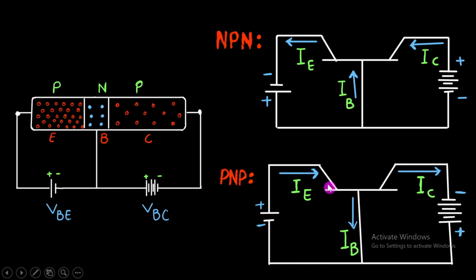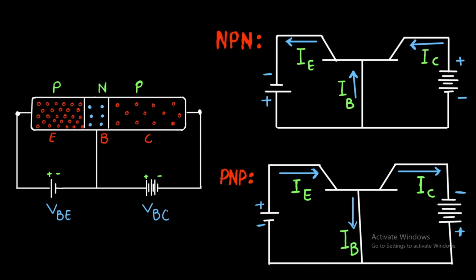But in this case, in the base region we have the n-type semiconductor material, and the arrow will be from the emitter towards the base. Okay, so this was the detailed explanation and the physics behind the transistor, as we have discussed here.